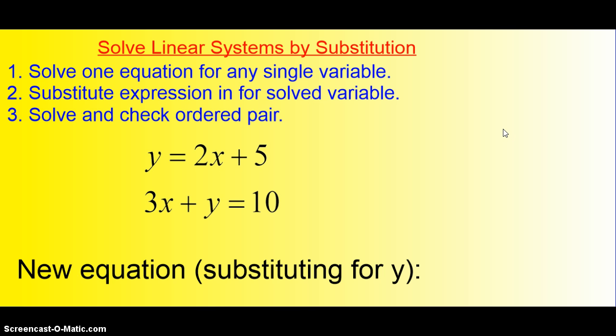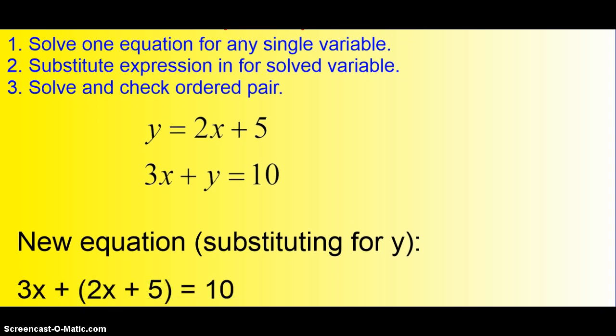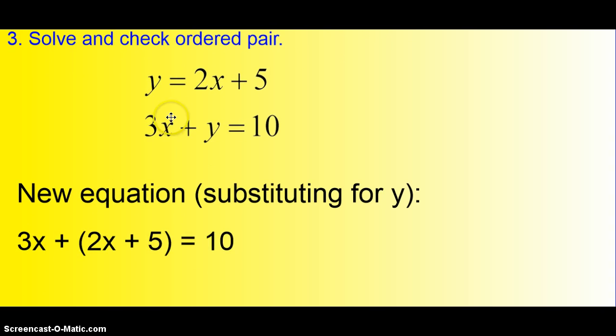So as we look at this first set of equations, we have this already set up in a y equals situation right here, this very first equation. So we've got these two equations, and when we've got this y equals, and we've got a y here, what you can do is take and substitute this portion of your equation where y is located in your second equation.